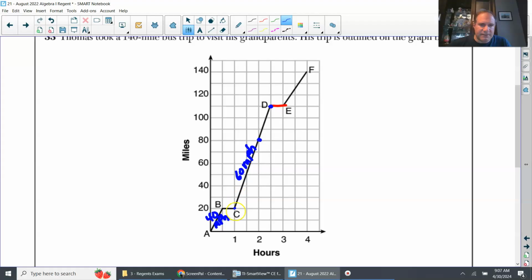That's from C to D. It maintains 60 miles per hour. It doesn't shift at all. From E to F, we're talking about from 3 to 4. From 3 to 4, they're going from 110 to 140. That's 30 miles per hour.